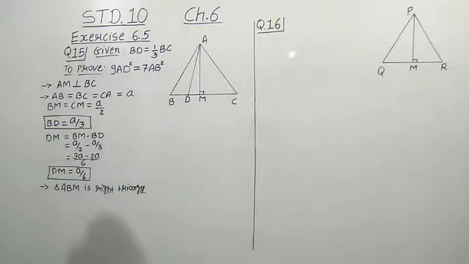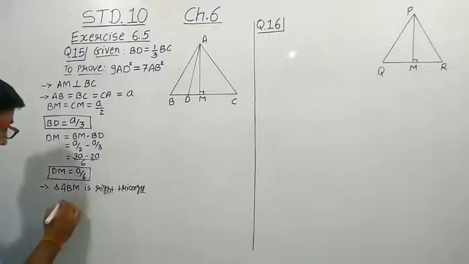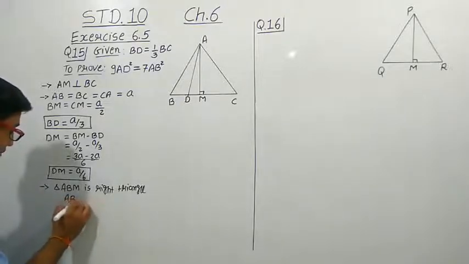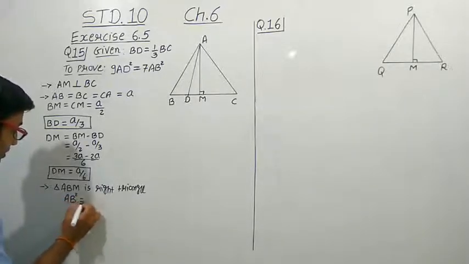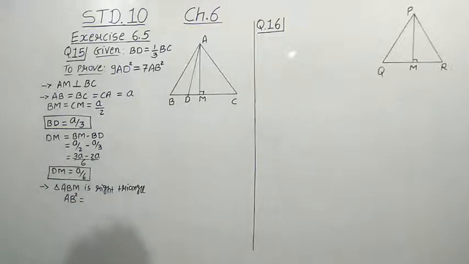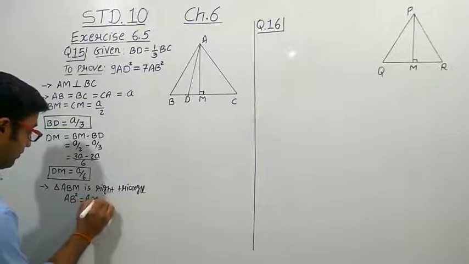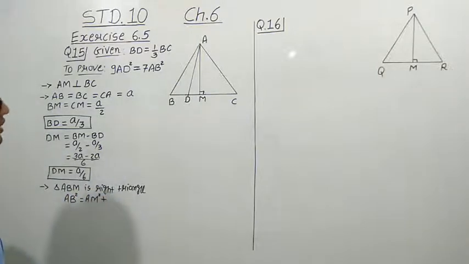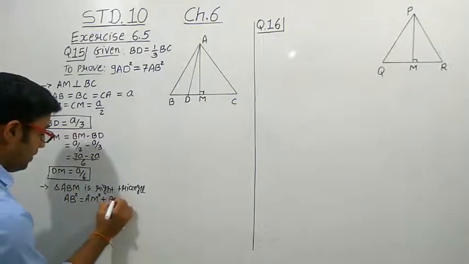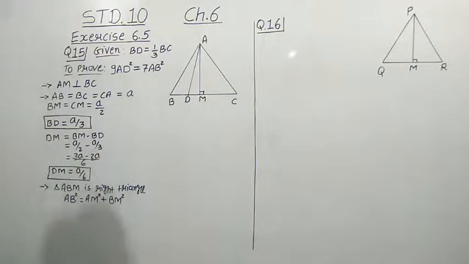Now according to the Pythagoras theorem, we can write that AB square is equal to AM square plus BM square. Right? AB square is equal to AM square plus BM square.